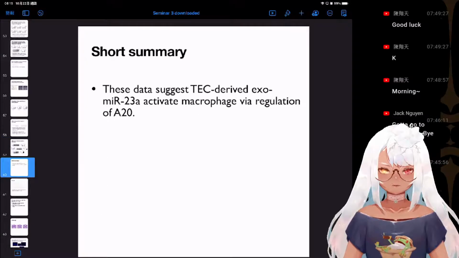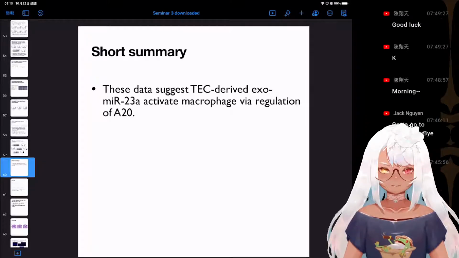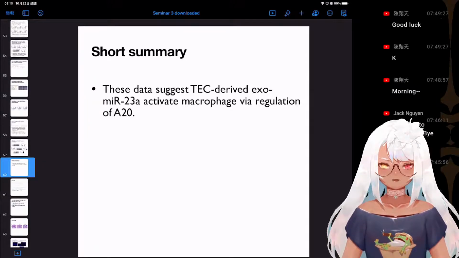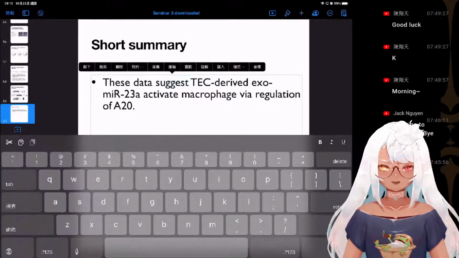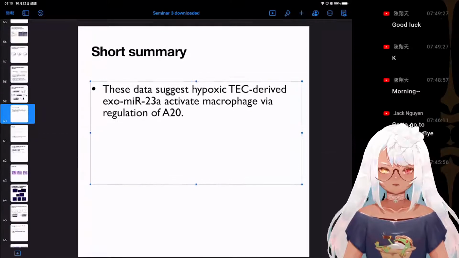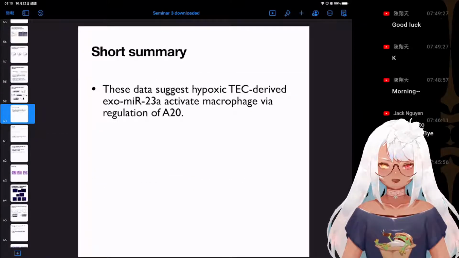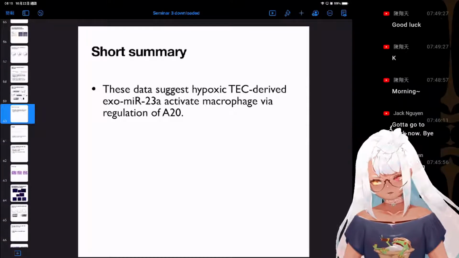So in short, these data suggest that this hypoxic TEC derived exomitochondria can activate macrophage via regulation of A20.